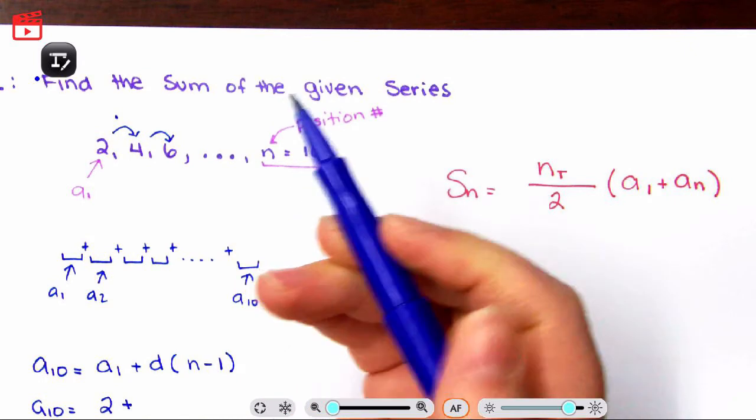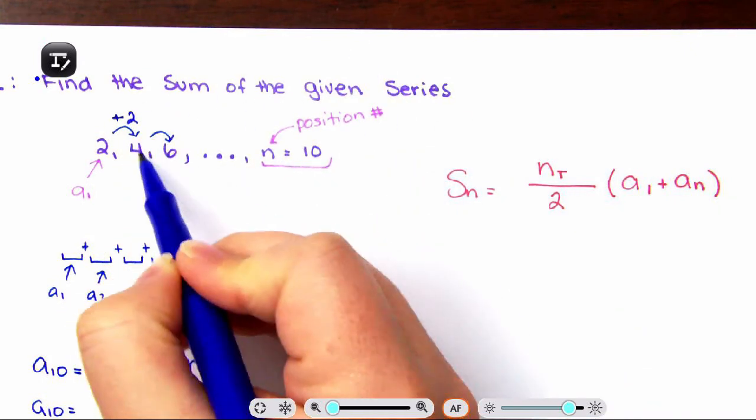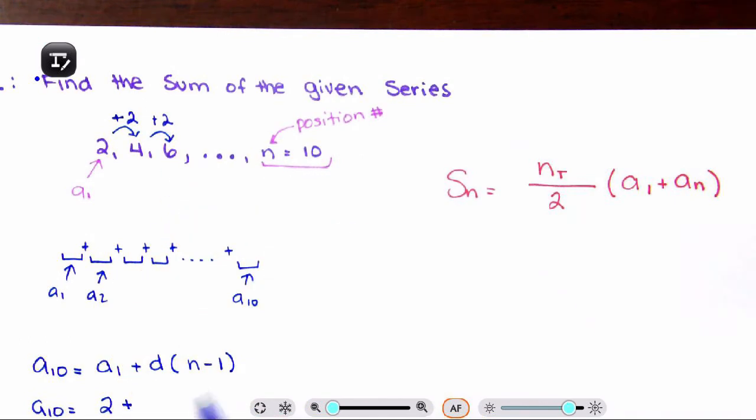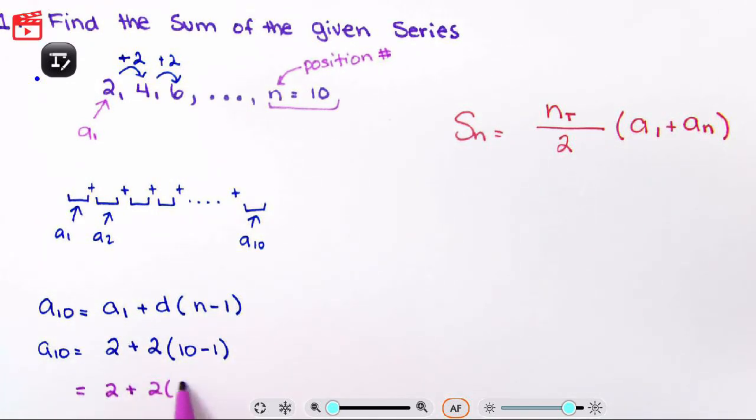Each time, what am I adding by? 2, 4, 6, 8. So I'm adding by 2, so my common difference is 2. My n value or my position number is 10, and I'm subtracting by 1 always. So let's find out what a sub 10 is. I have 2 plus 2 times 9. 2 times 9 is 18, so therefore a sub 10 is equal to 20.